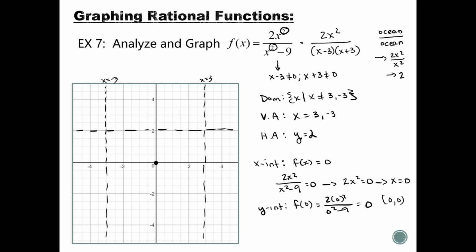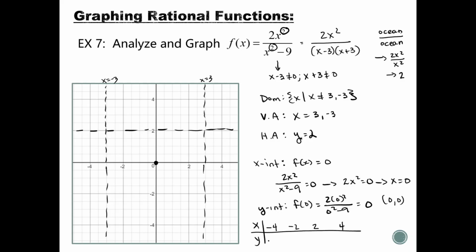Okay, so now that I have those, we're just going to make a chart to fill in some details. I need details on the left of this asymptote, in between the two asymptotes, and to the right. So I need to plug in at least a -4, maybe a -2, a +2, and a 4 at bare minimum.